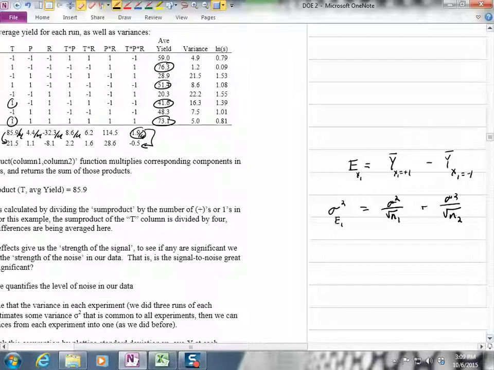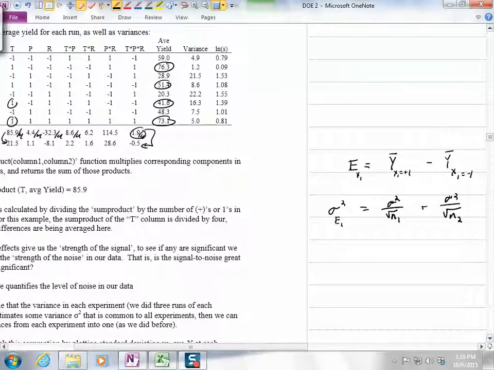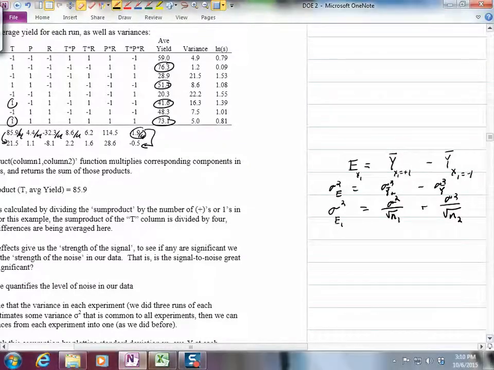All right, so I just don't want to miss something here. So the noise is going to be the noise of this y bar minus the noise of that y bar.